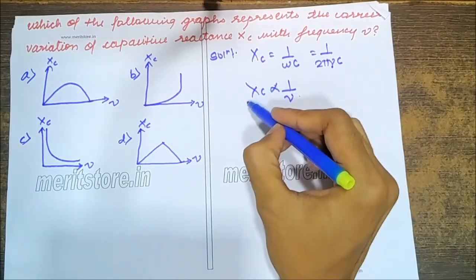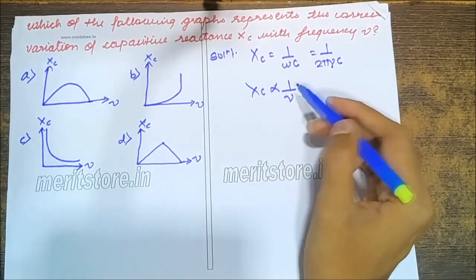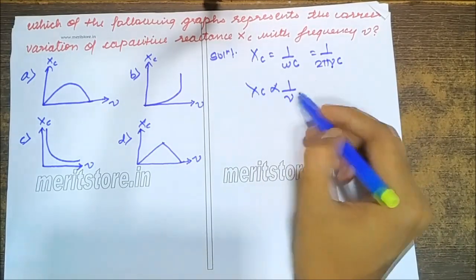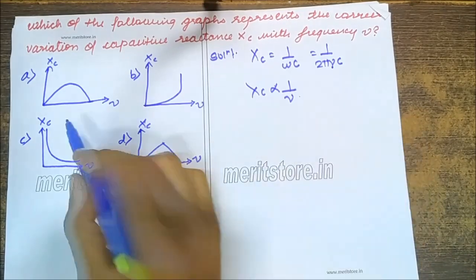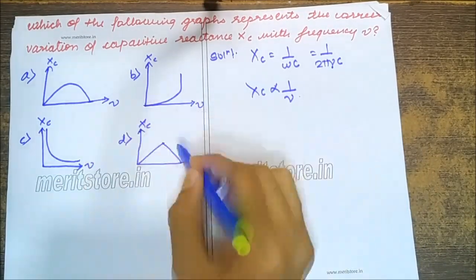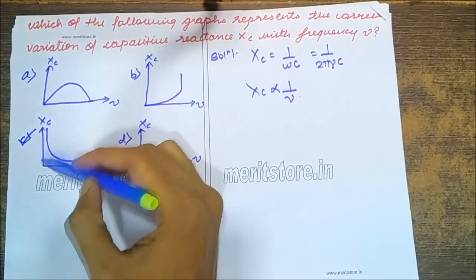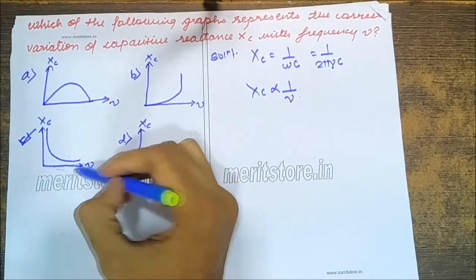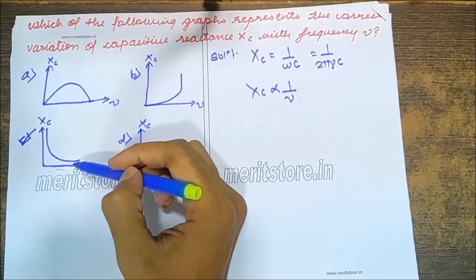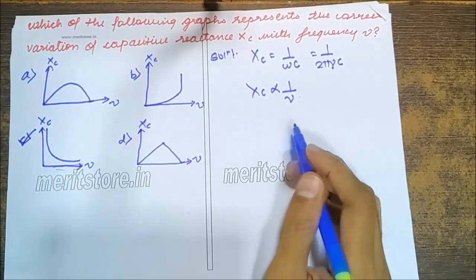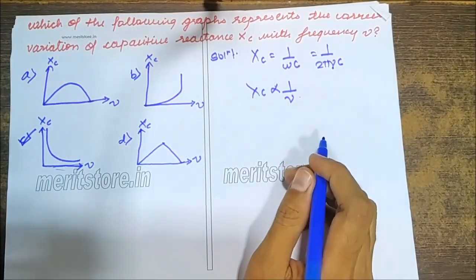So if the frequency increases, the capacitive reactance decreases, and this relation is shown in graph C, where an increase in the frequency shows a decrease in the capacitive reactance. So C is the correct option.